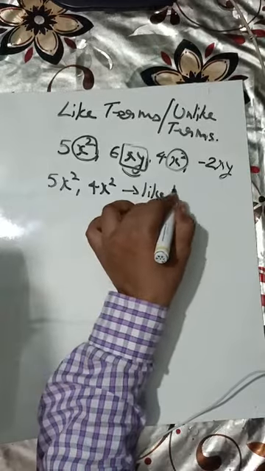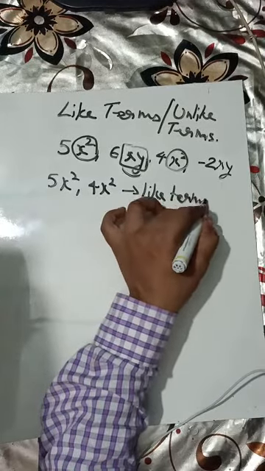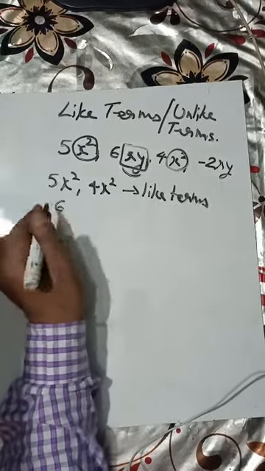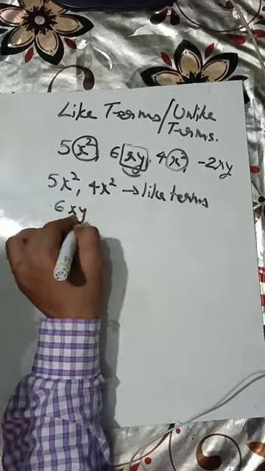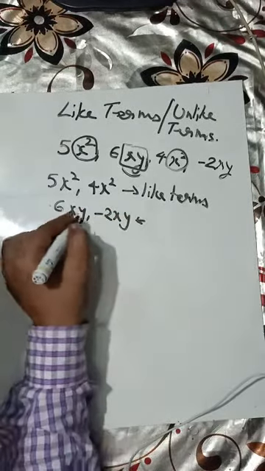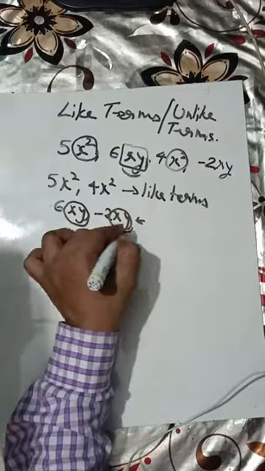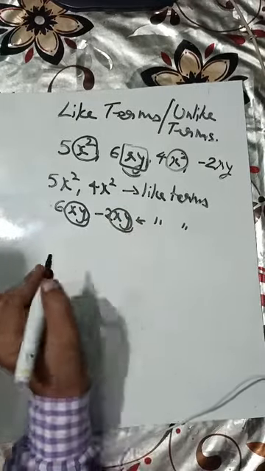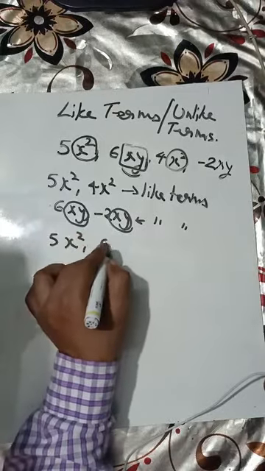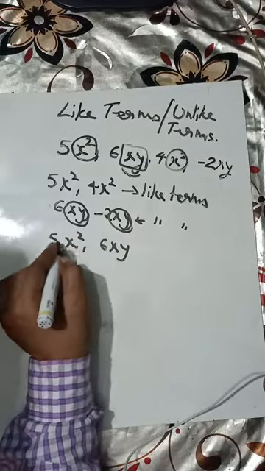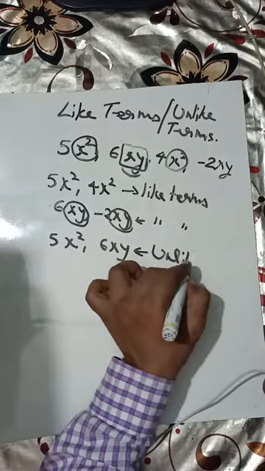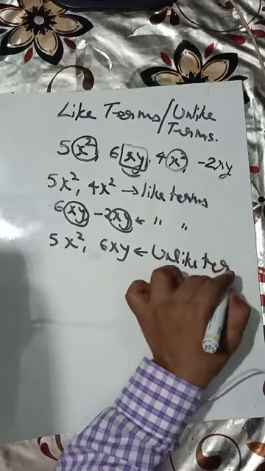And 6xy and minus 2xy, because the variable parts are same, are also like terms. But if we talk about 5x square and 6xy, the variable parts are not same, so we say they are unlike terms.